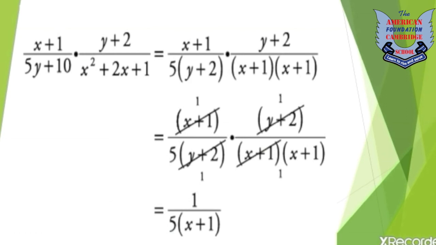Next example, (x + 1) upon (5y + 10) into (y + 2) upon (x² + 2x + 1). In this example, you don't have to factorize the numerators of both the fractions because they are already in simplified form. You just have to factorize the denominators of both the fractions.